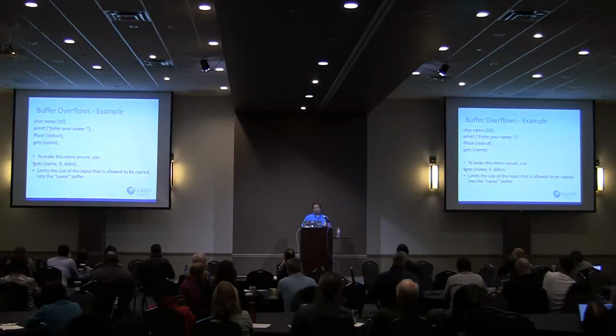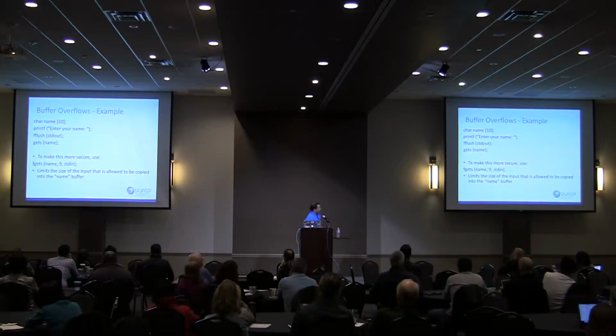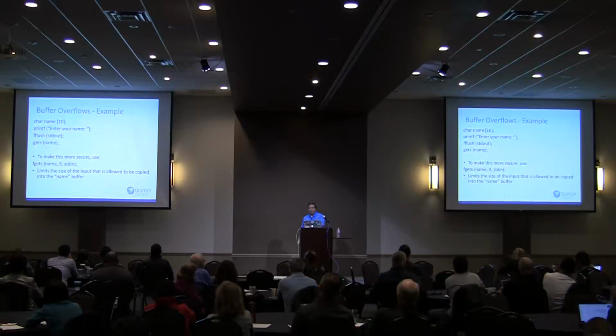Now the way to make this more secure is to use what's called the fgets function. So this is a function that's implemented by C, and if you know it, you're going to use it. If you don't, you're probably going to use gets and get it wrong. But fgets says specify the name, specify the size, and specify where the data is coming from.